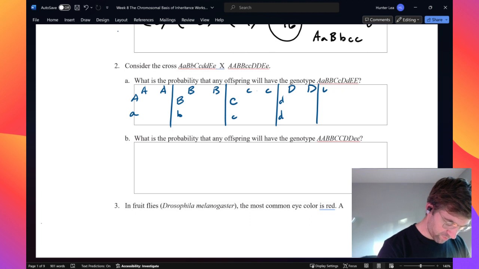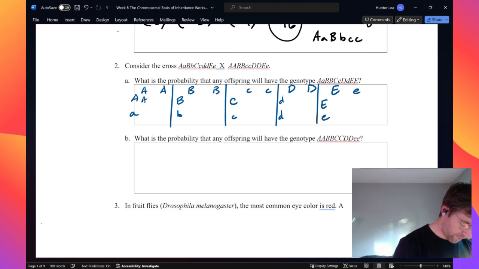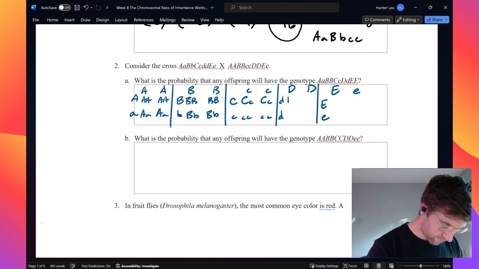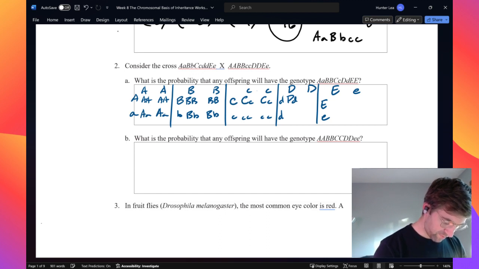And then we have, again, I'm crowding myself a little bit. Big E, little e, big E, little e. Do our crosses. So this one, because they're all going to be big D, little d, I can save myself a bunch of work just by doing that.